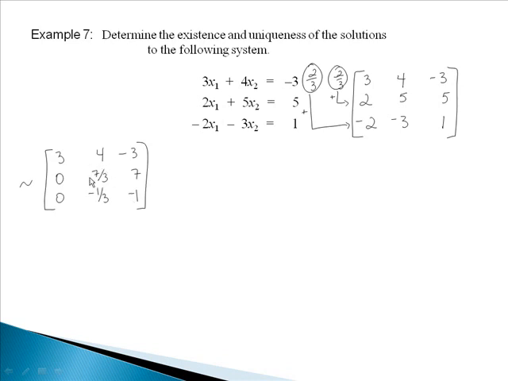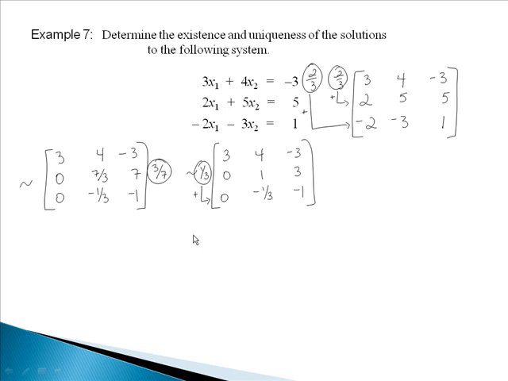And now my 7/3 is my pivot, so I want to get a 1 there just because it's going to be easier to work with than the fraction. So I'll multiply row 2 through by 3/7. And now I want to get a 0 where the negative 1/3 is. So I'm going to multiply row 2 by 1/3 and add it to row 3.